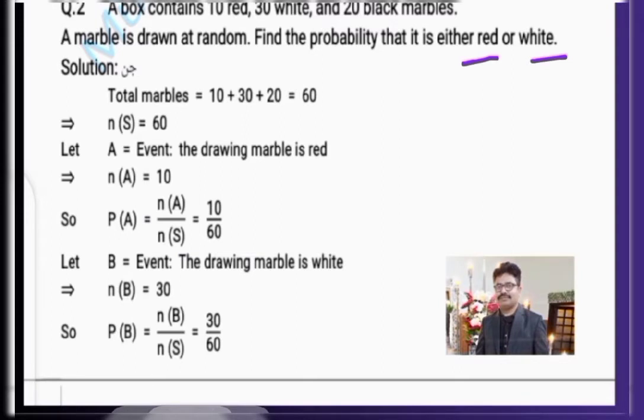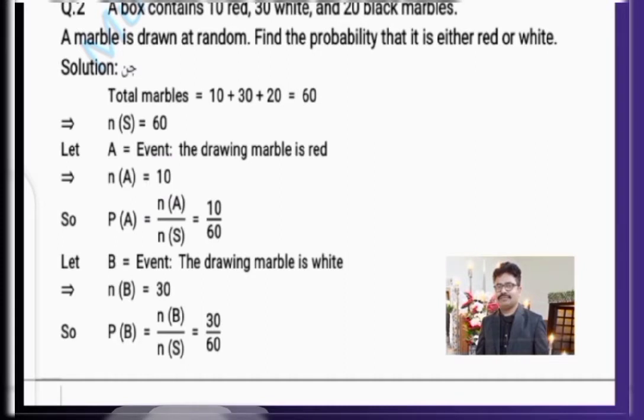We will denote drawing the red marble as event A, and as there are 10 red balls, n of A is equal to 10, that is, the number of values in event A is equal to 10.